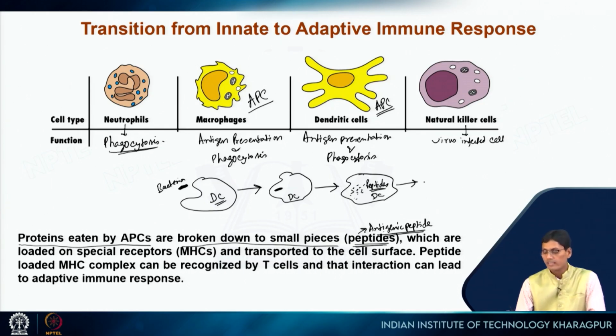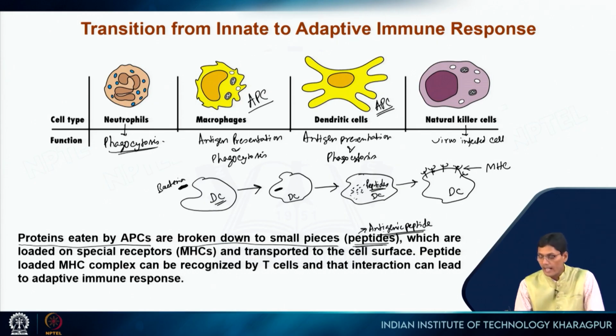And now DC, on their surface, they have some specific type of receptor which is very important, which is called MHC, major histocompatibility complex. They are presenting this antigen. So these antigens are coming from where then? These antigens are coming from this bacteria itself.